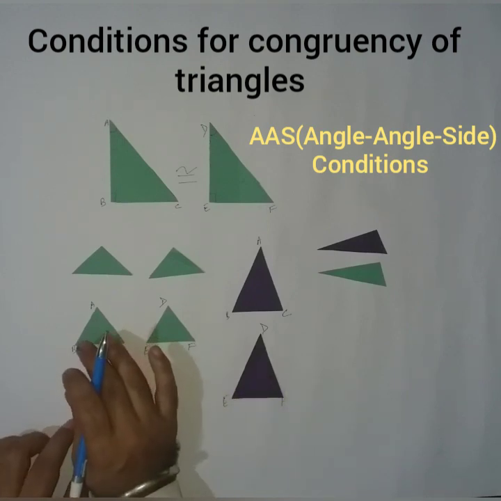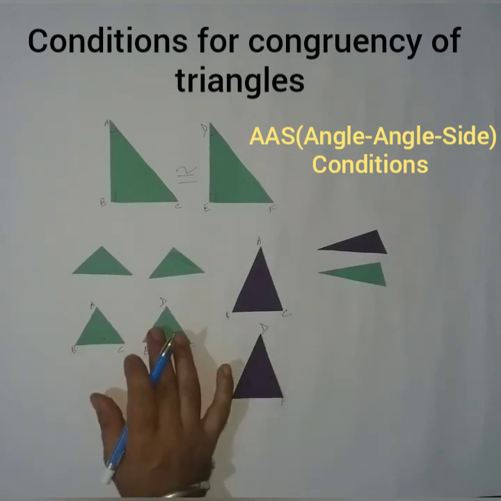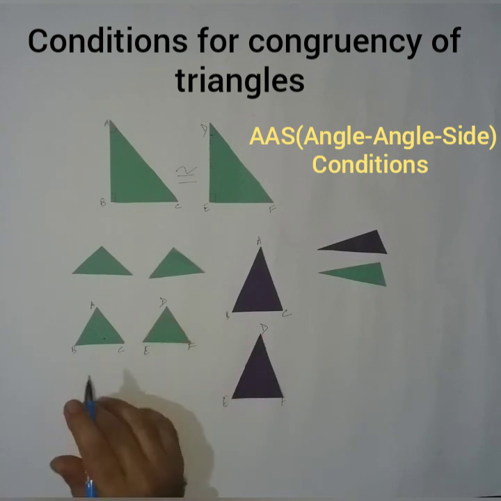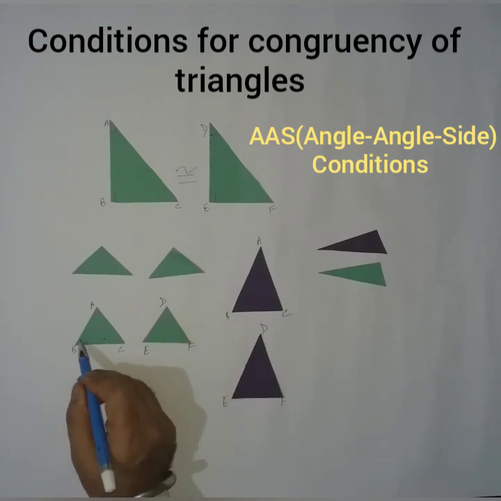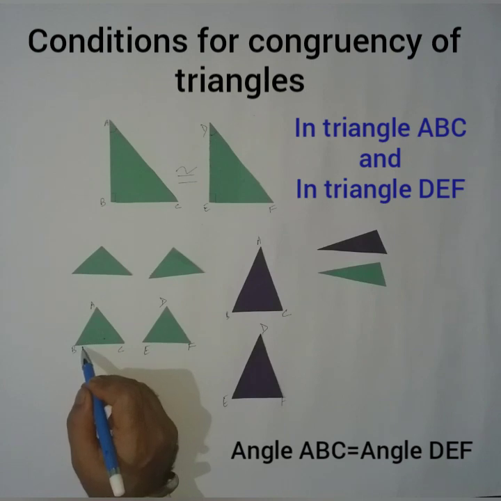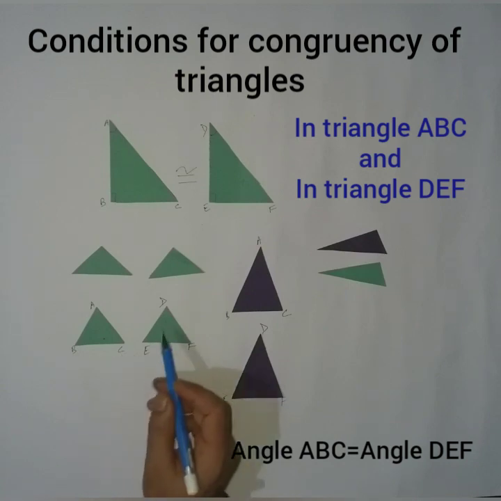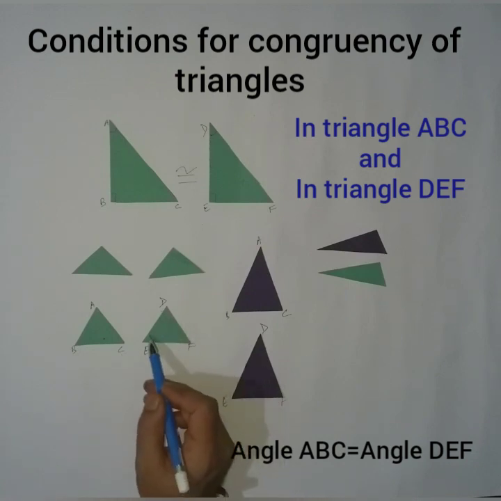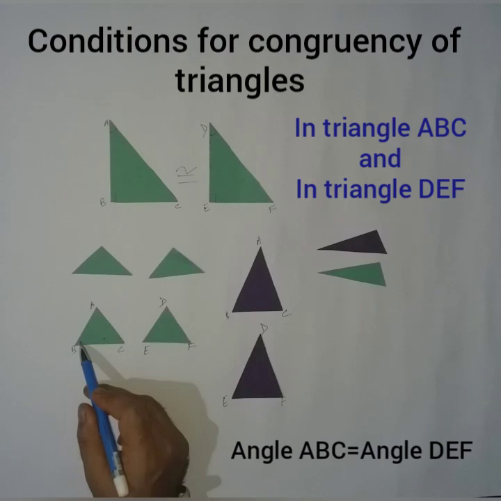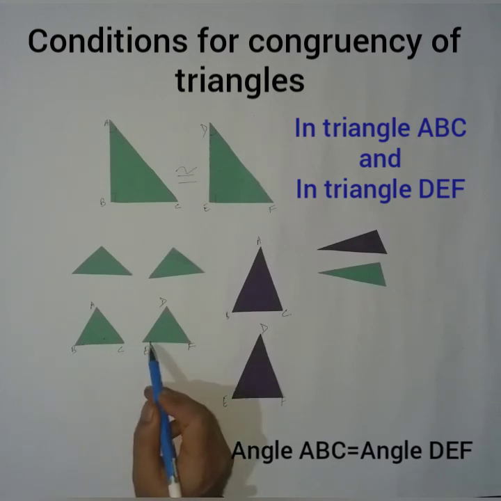So we are examining whether they are congruent or not with the help of angle angle side. This angle, angle ABC, and angle DEF are equal. We found they are 60 degrees. Suppose this is 60 degrees and this is also 60 degrees.